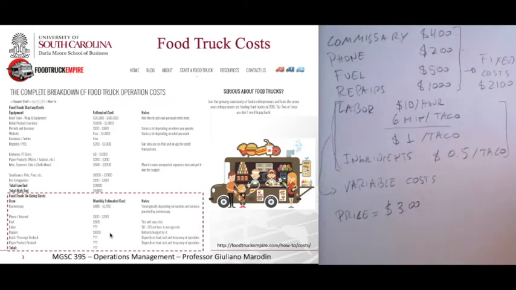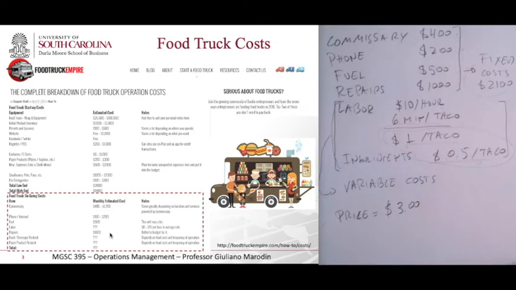Okay, so here you can see that this will give me the $1 labor and 50 cents. This will give me a variable cost. And here I have a fixed cost. So if I sell for $3, it costs me $1.50 to make. For every taco, I'm getting a revenue of 1.5, right?